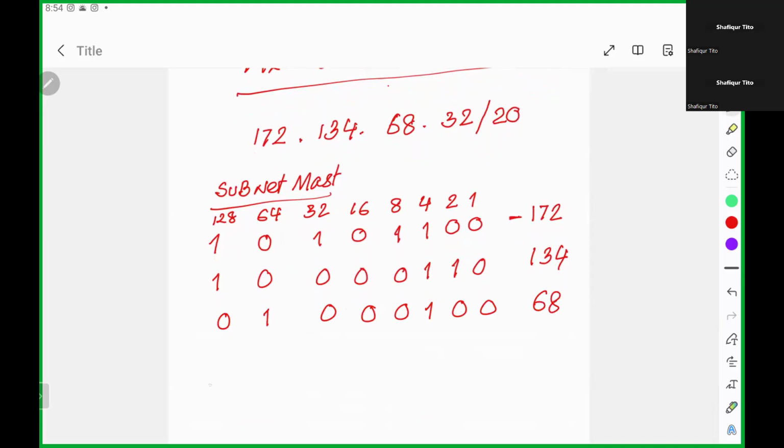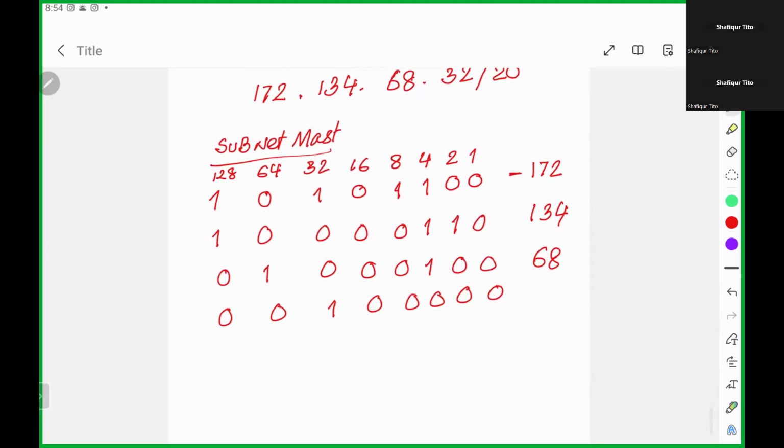And then 32. 32 will be only 1, then the rest will be 0. So this is not the subnet mask. This is my IP address, the 4 octets of IP version 4.